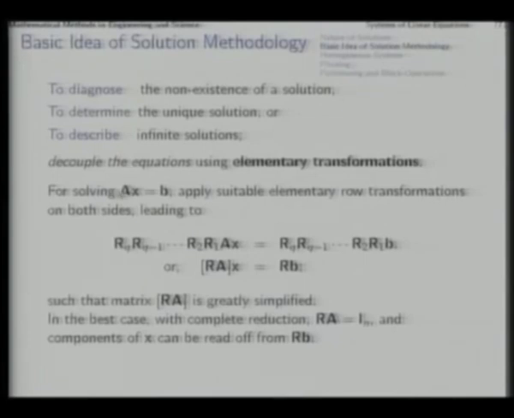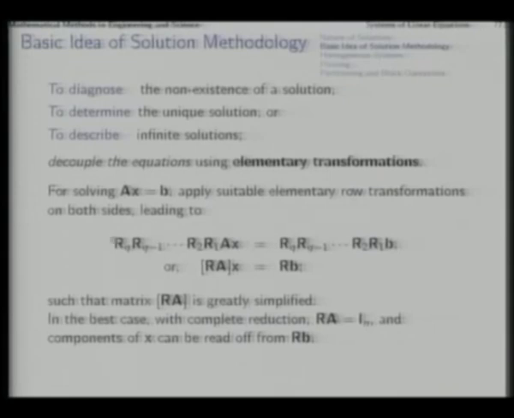On the left side it is applied on A, on the right side on B. Every elementary row transformation applied on both sides is equivalent to pre-multiplication by the corresponding elementary matrix, say first R1, then another row transformation R2, then R3, R4 and so on. Finally, a lot of pre-multiplications take place with the corresponding elementary matrices.